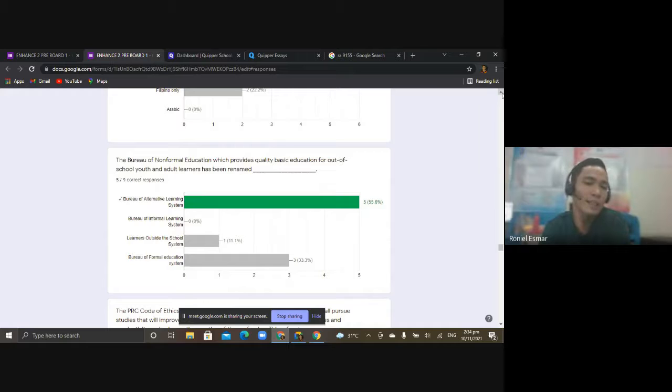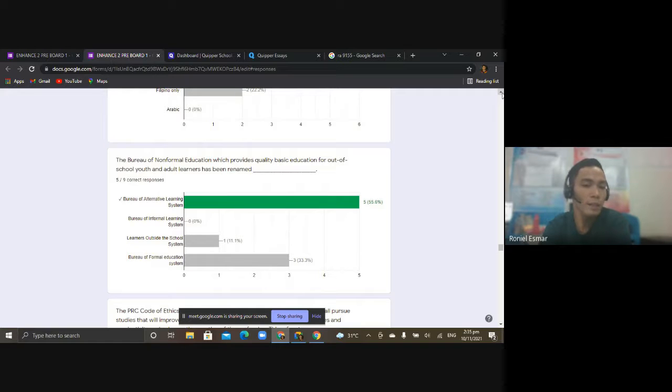Is it the Alternative Learning System, the Informal Learning System, the Outside School System, or the Formal Education System? Take note that what is highlighted in the item is basic education for out-of-school youth.